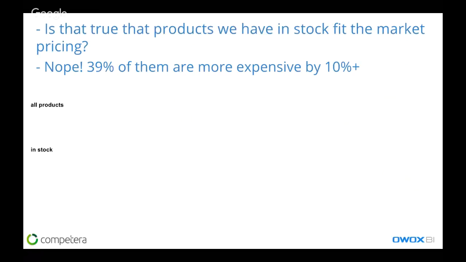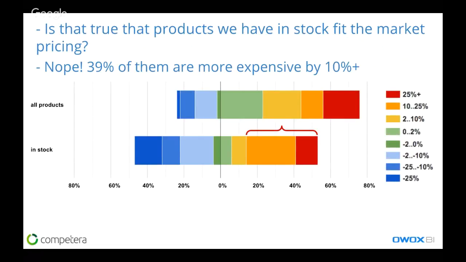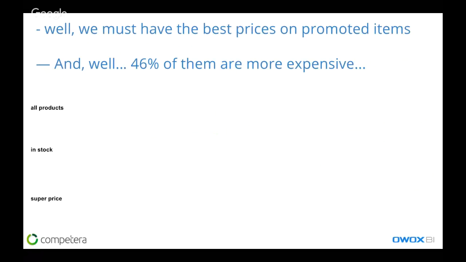The second question: is it true that products that we have in stock beat the market pricing? Unfortunately not. 39% of these products are out of the market by more than 10%. And the third question was, we must have the best prices on promoted items for sure.